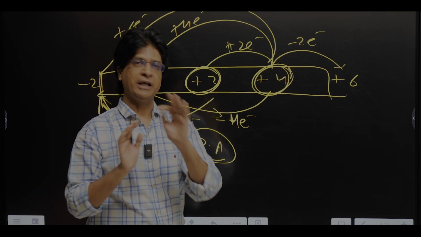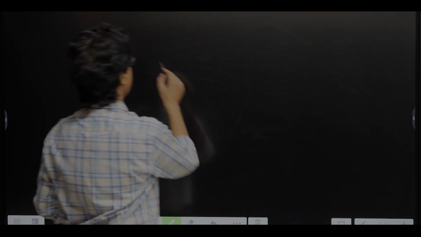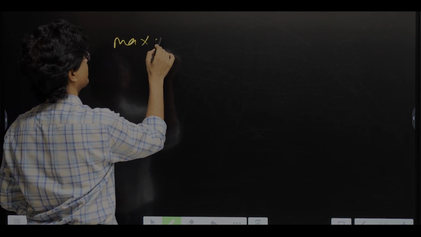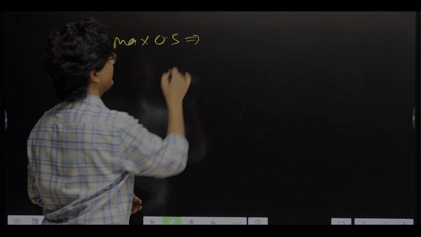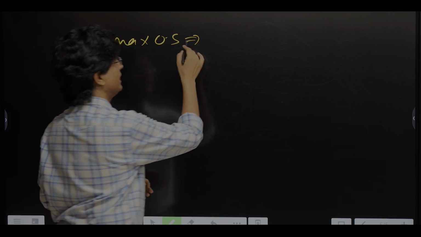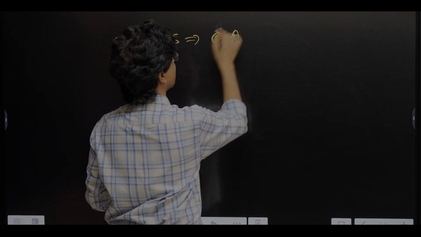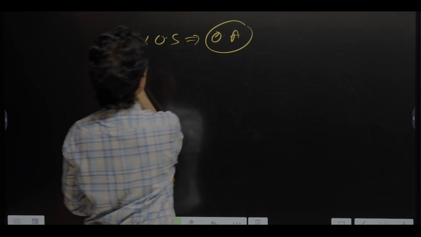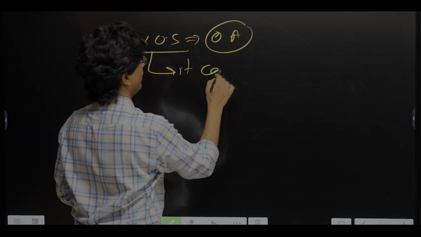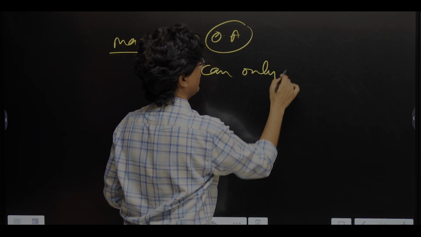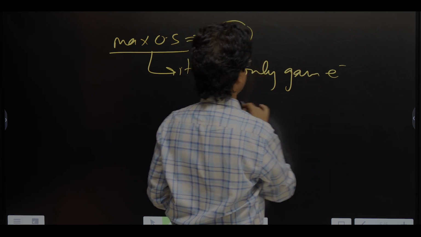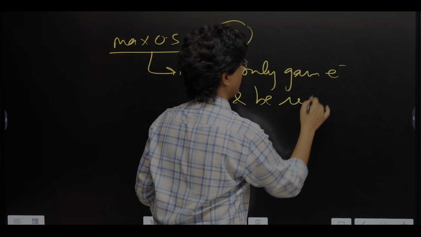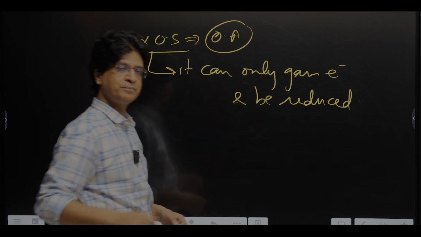So one thing is now clear basically. What is that? The maximum oxidation state. If an element is in the maximum oxidation state, it can only act as an oxidizing agent. Yes or no? That means it can only gain electrons and be reduced. Yes or no?